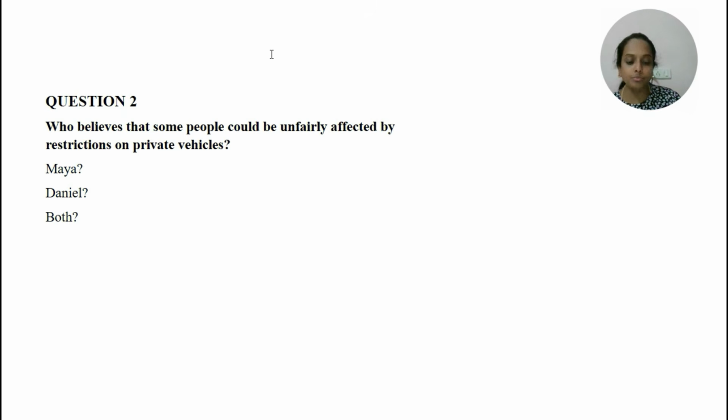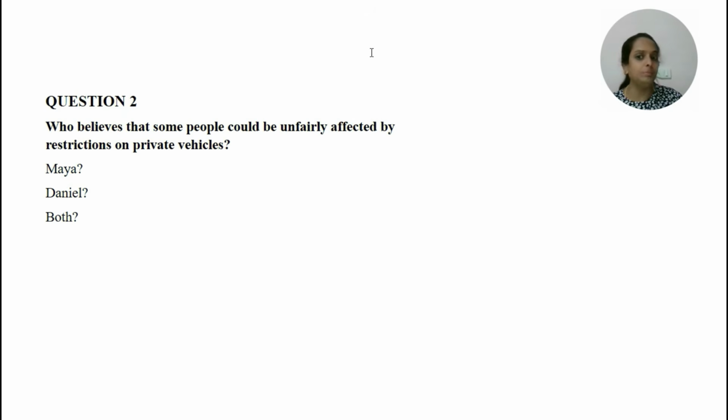Okay? Now let's move on to the second question. Who believes that some people could be unfairly affected by restrictions on private vehicles? Maya, Daniel, or both? Think about the idea, not just the words. The phrase unfairly affected means who's worried that certain people might face difficulties, correct?